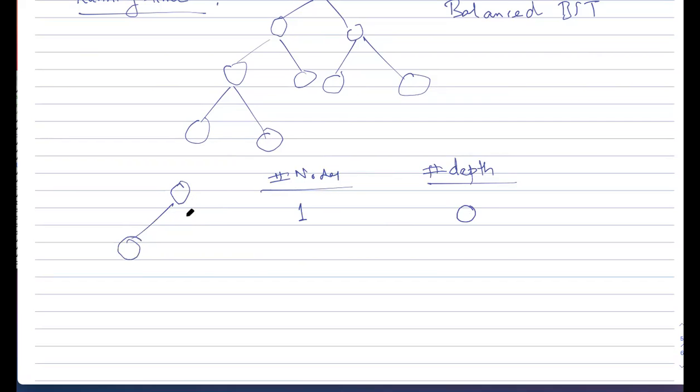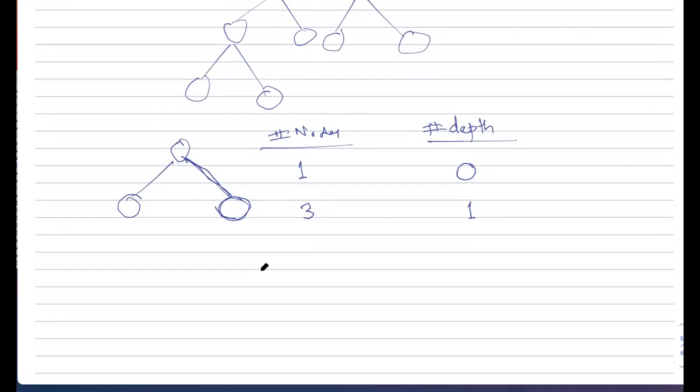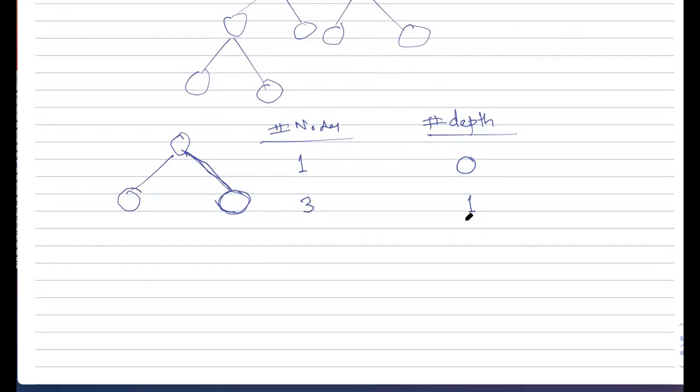If you have 3 nodes, this is a fairly complete binary tree with 3 nodes, right? So if you have 3 nodes, the depth is 1, because the deepest descendant is this, and the number of edges from the root to the deepest descendant is 1. Okay, let's keep going.